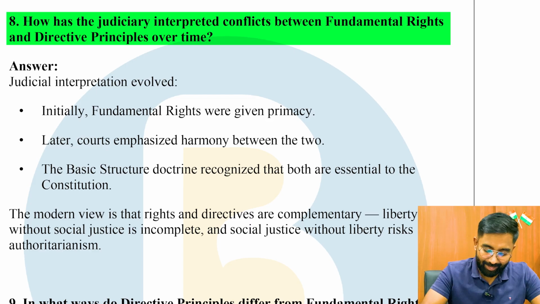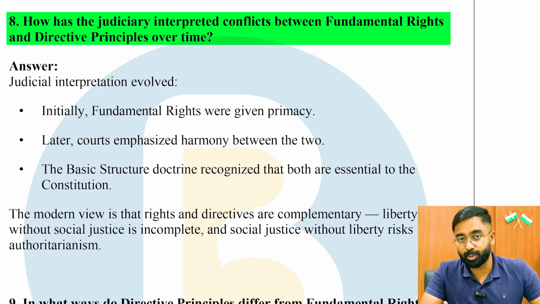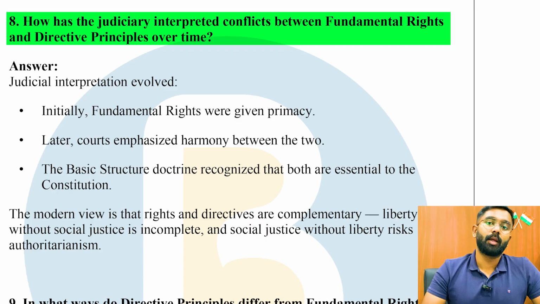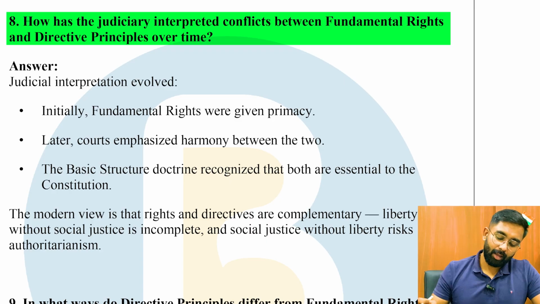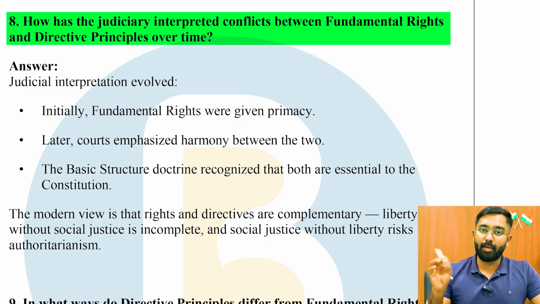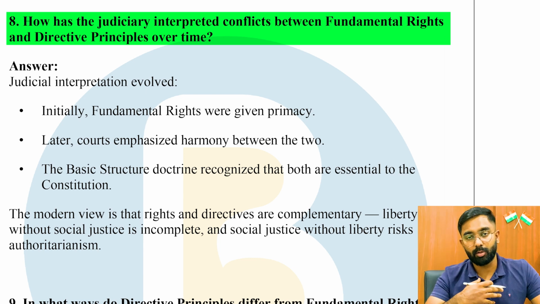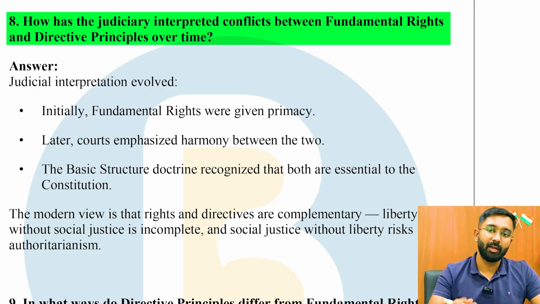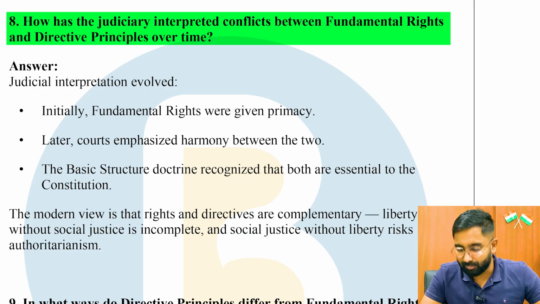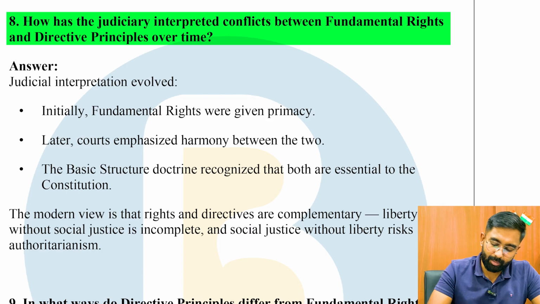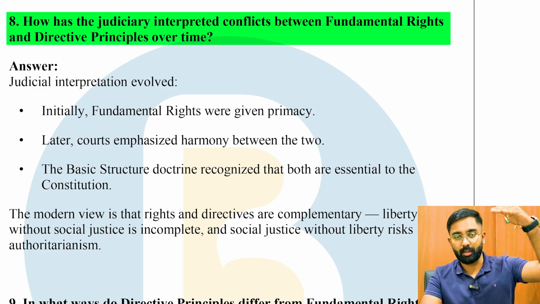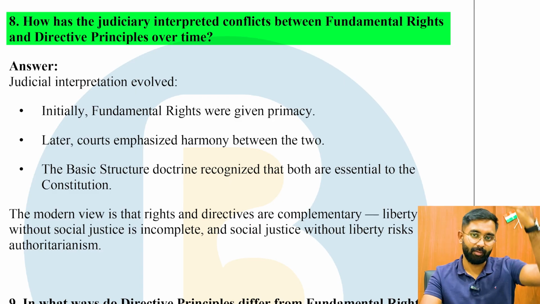So under the 42nd Constitutional Amendment Act 1976, the Parliament said that in order to implement any DPSP, fundamental rights can be amended, right? So once again, fundamental rights were given less priority, and the superiority of DPSP went up.